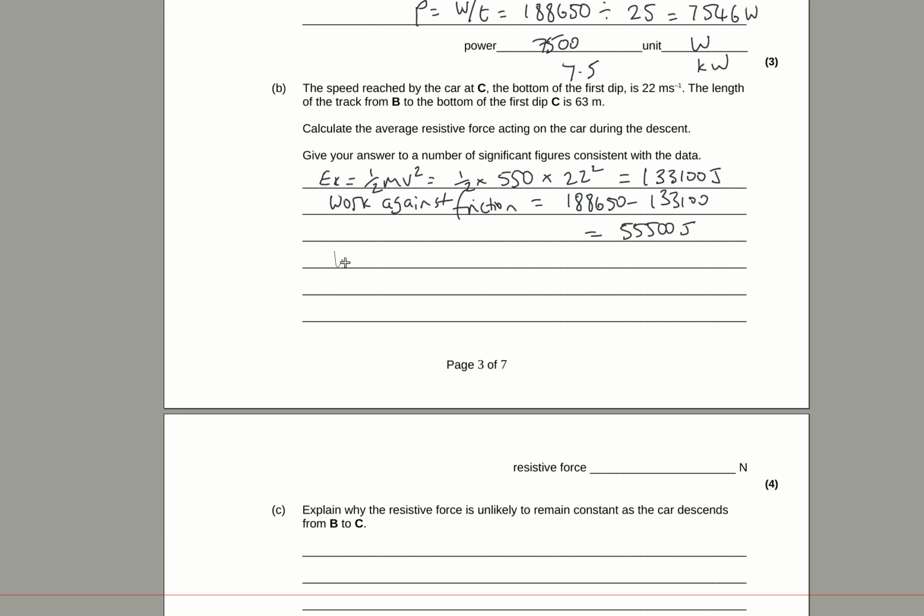And we should know that work done is force times distance. We know the distance is 63 metres. We know the work done is 55,500, and therefore we can work out the force is work done over distance, which is equal to 55,500 divided by 63 metres, which gives us 881.8 newtons, which is too many significant figures, so I'll do it as 880 newtons.